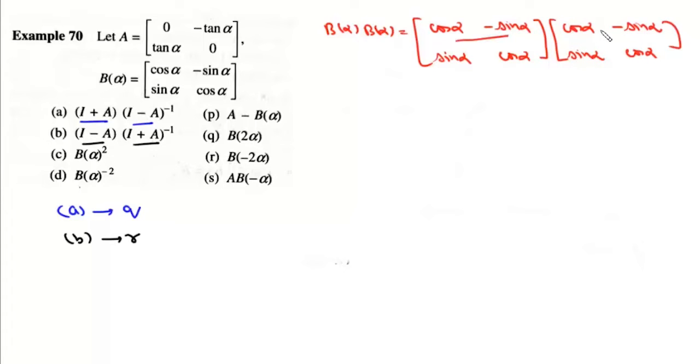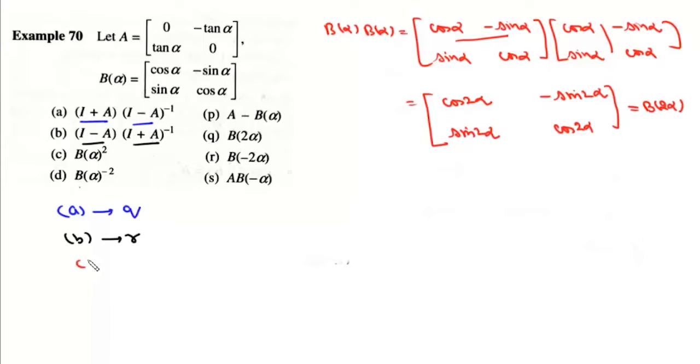Now we multiply them, we'll get cos square alpha minus sin square alpha, which is cos 2 alpha. Now here will be minus cos alpha sin alpha minus cos alpha sin alpha, which is minus sin 2 alpha. Here will be sin 2 alpha and here will be cos 2 alpha, which again is nothing but B 2 alpha. So that means this C matches with Q.